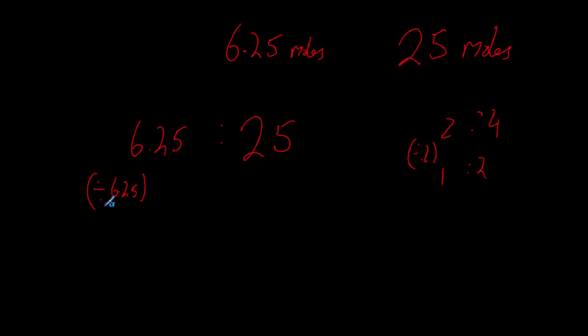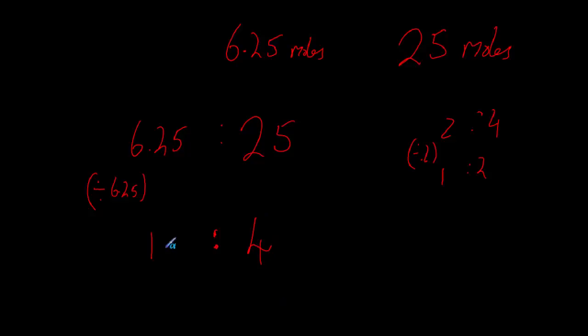Something really important I'd like to say quickly is sometimes in questions, the numbers won't give you perfect whole numbers at the end. But if they are very close, you can take that as being the ratio. In this case, we are going to get whole numbers because 6.25 divided by 6.25 obviously gives us an answer of 1. 25 divided by 6.25 gives us an answer of 4.